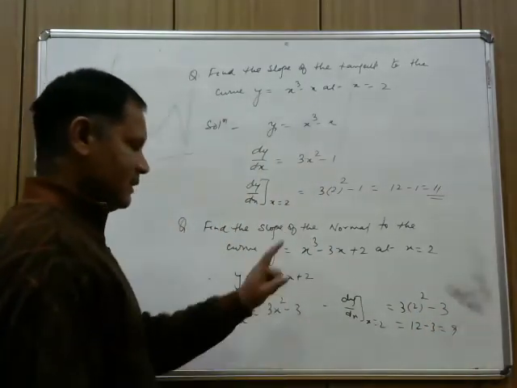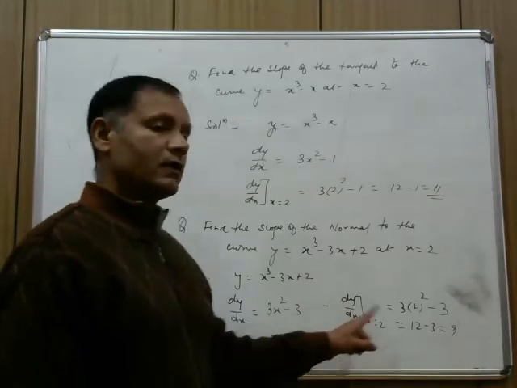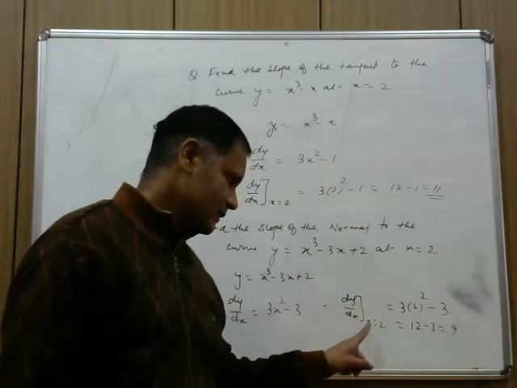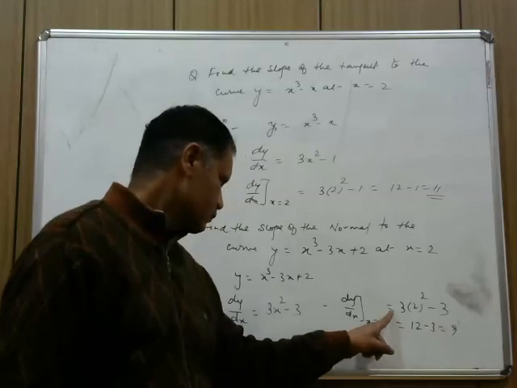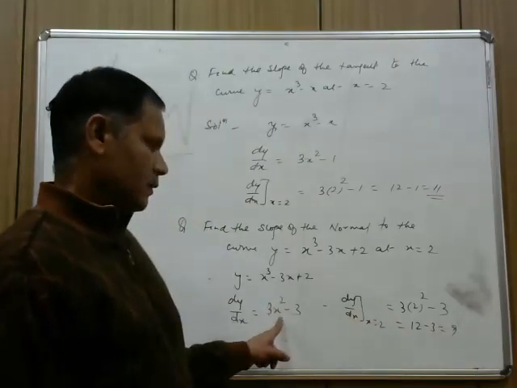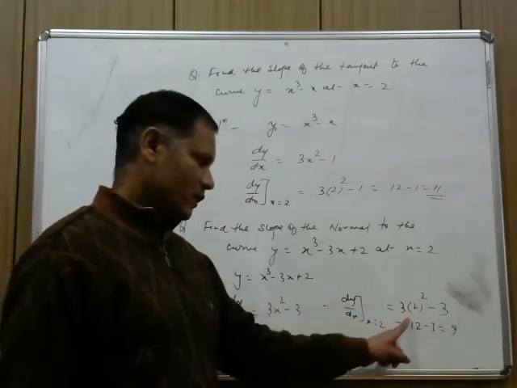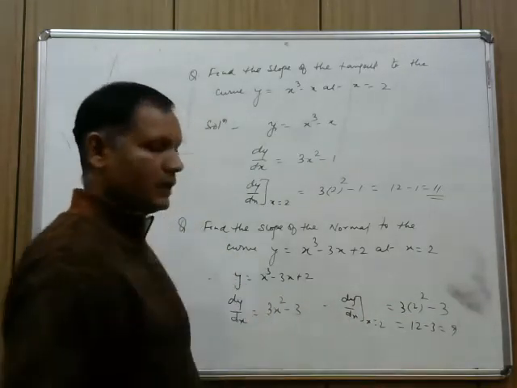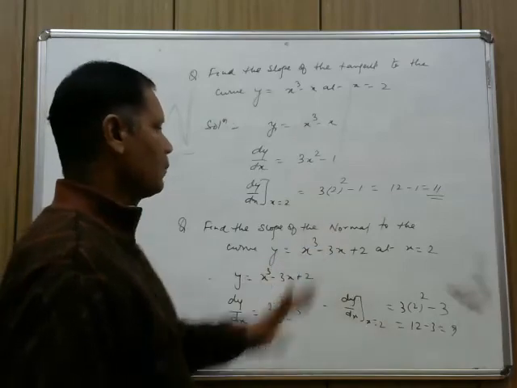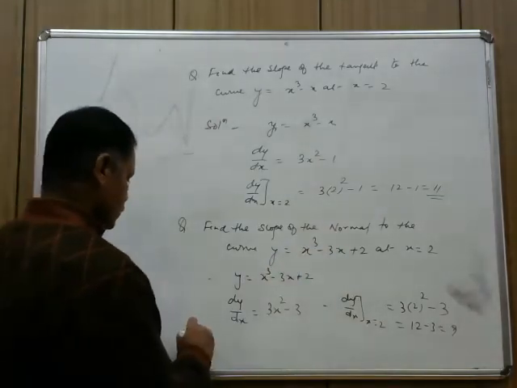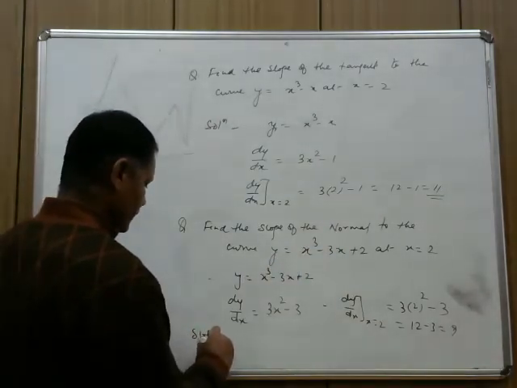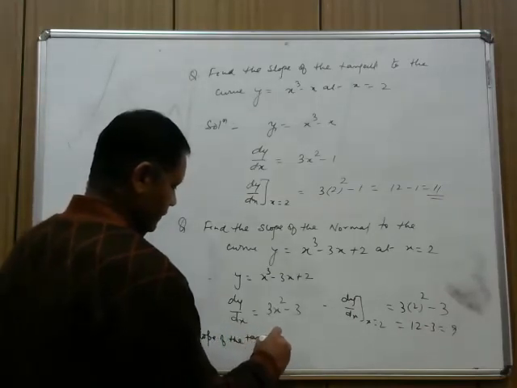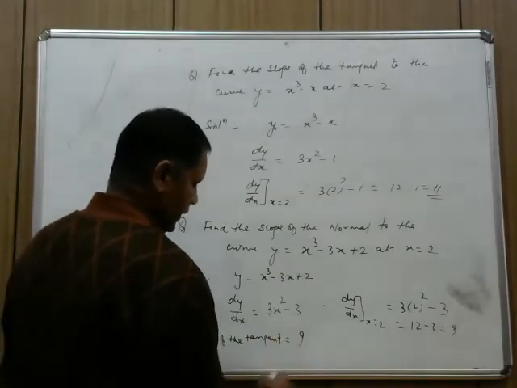Right? This is the slope of the tangent. This 9 is the slope of the tangent, but I am asked to find the slope of the normal. Then we write the slope of the tangent is equal to 9.